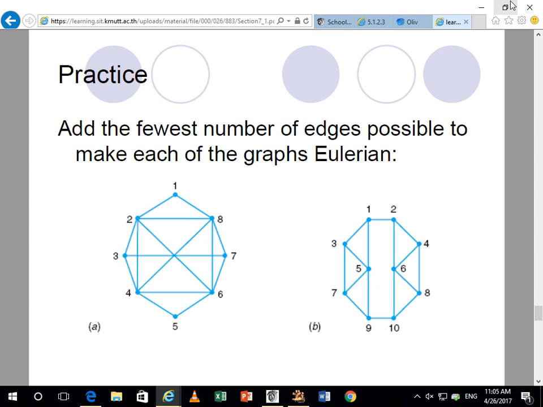When you shake hands, it takes two people. So 2 nodes, each edge is a handshake. So it's also called the handshaking theorem because it takes 2 people. You can shake with yourself, I guess, but usually you shake with somebody else when you shake hands, right? So it's also called the handshaking theorem.